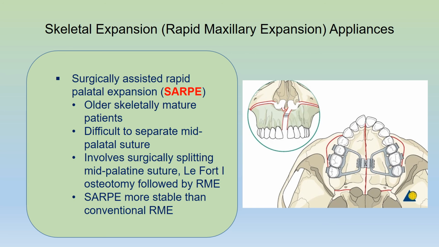This procedure involves surgically splitting the mid-palatal suture, combined with a Le Fort I osteotomy, after which it is followed by a rapid maxillary expansion. This surgically assisted RME is more stable than the conventional RME.